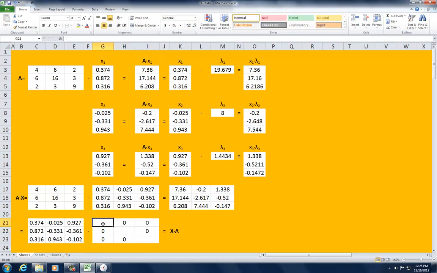So once again, this is going to be equal to this one divided by our first eigenvector, and so on. Essentially what I'm doing is just copying and pasting these lambdas. So we see here that on the diagonals we have the constants.